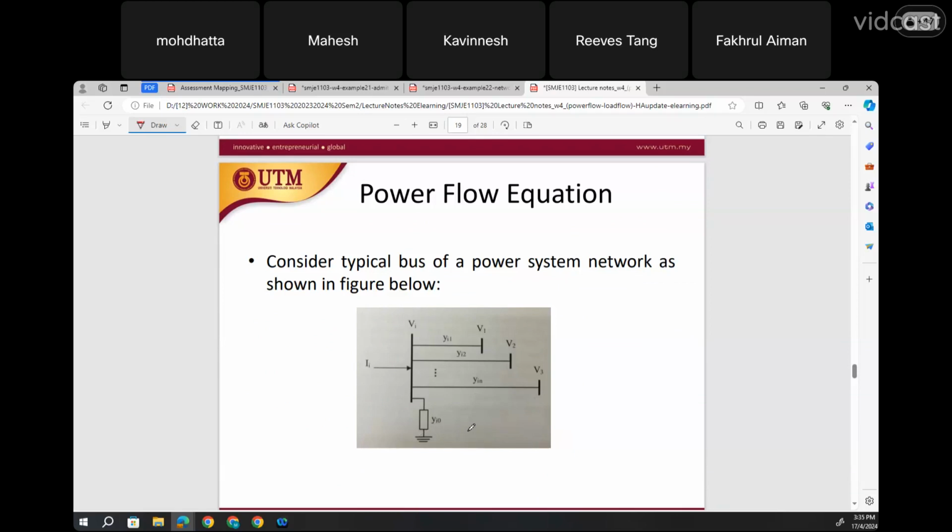Maybe from I1 at the back, you have a generator. We can also consider this one as a generator bus, and we can also consider it as the slack bus as well. What is being highlighted here is a typical network connection of a single line diagram. We have a single line, whether it is arranged in a vertical diagram or horizontal like this, it is the same.